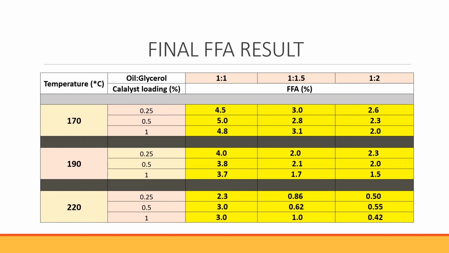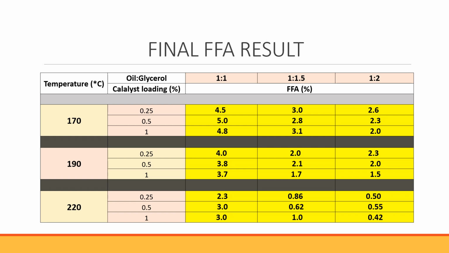But by increasing the excess of glycerol to 50% and 100%, we can obtain up to 0.42% FFA. I mean, this is the highest and the best one, but we get it at the highest excess, the highest temperature, and also the highest catalyst loading.